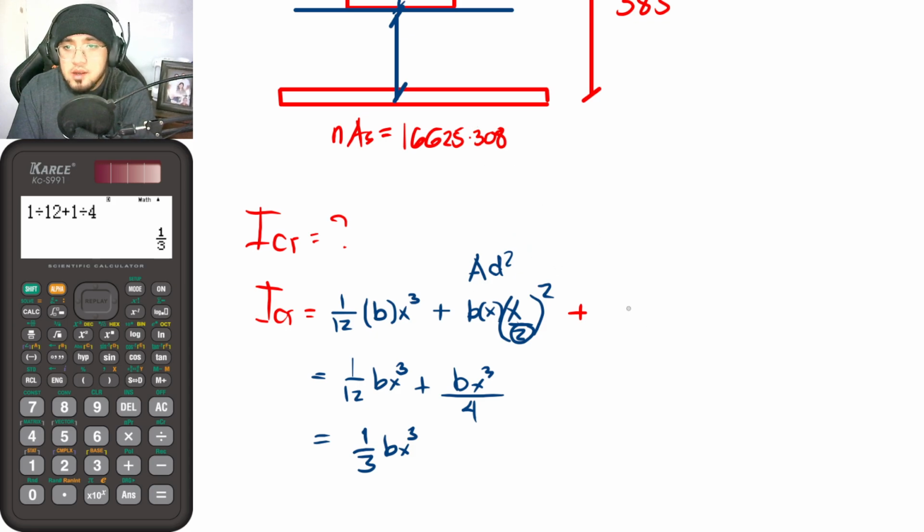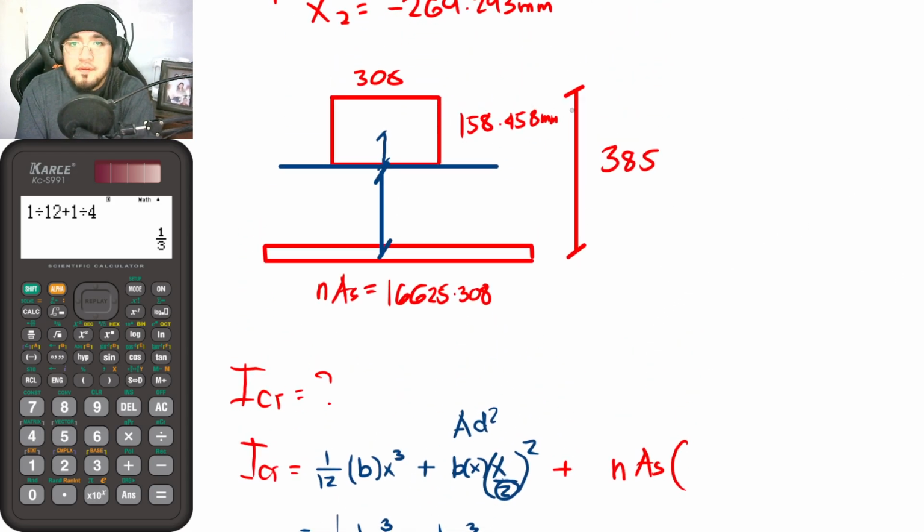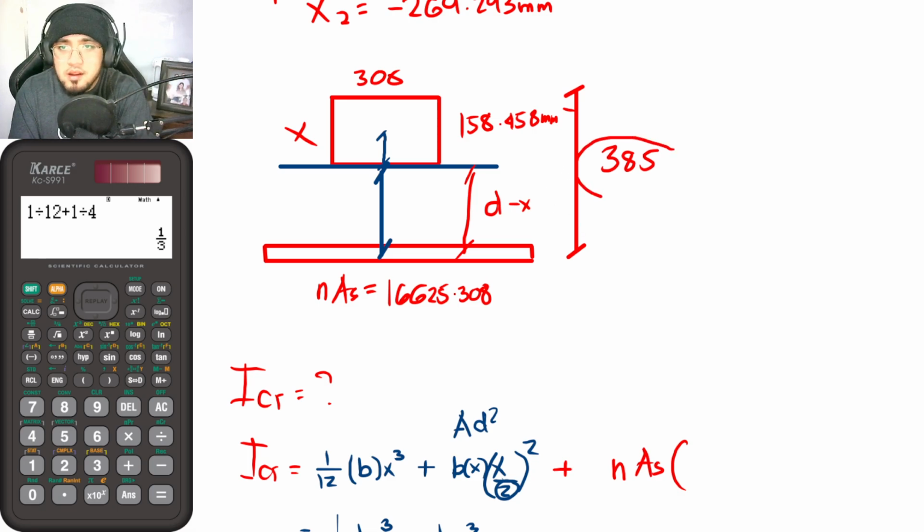Its area is equal to N times AS, and the transfer distance would be, if this is x, 385 minus x. Generally speaking, this is the depth minus x. In our case, that is 385 minus 158.458.